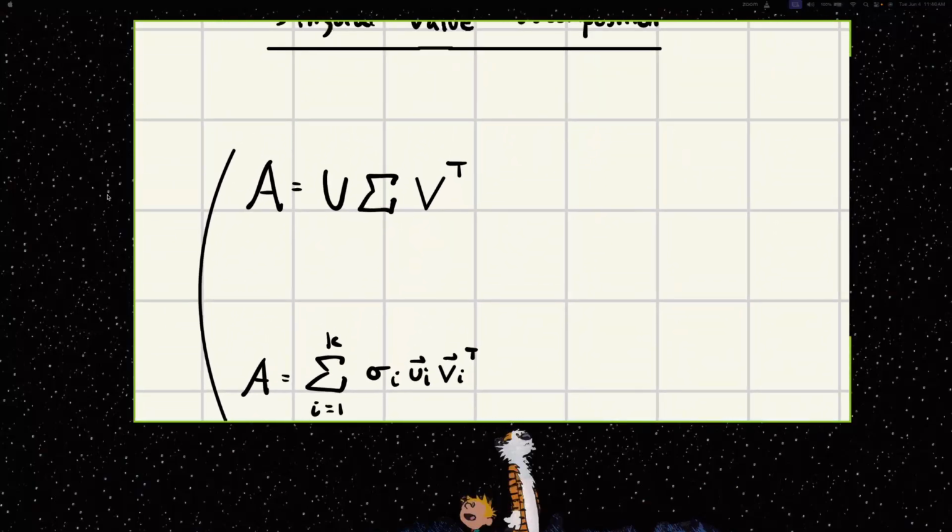By that I mean this is an orthogonal matrix, a rotation as far as a linear transformation goes. This is a diagonal matrix, a stretching or scaling factor, and then this is also an orthogonal matrix, so it's another rotation. So we can decompose it into a rotation, stretch, and another rotation.